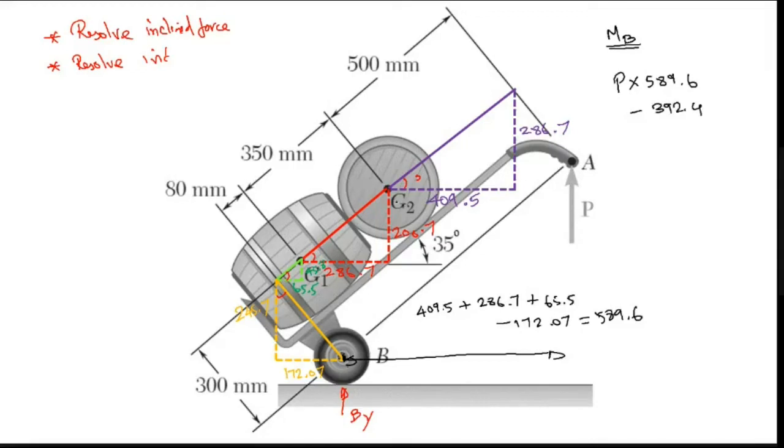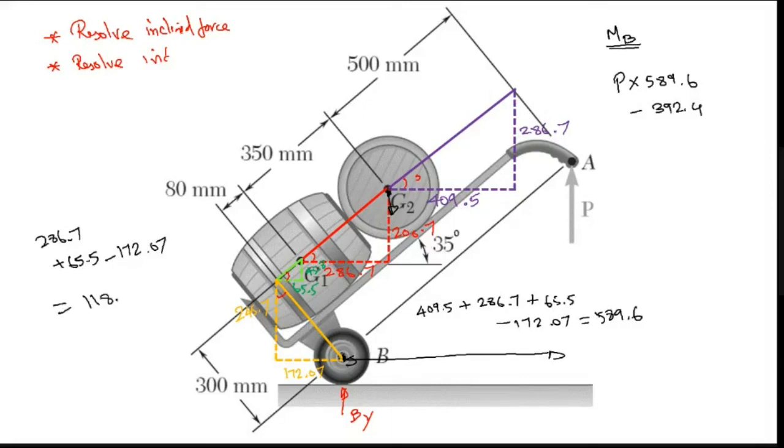I am identifying for G2: vertical force, horizontal distance 286.7 plus 65.5 minus 172.07.